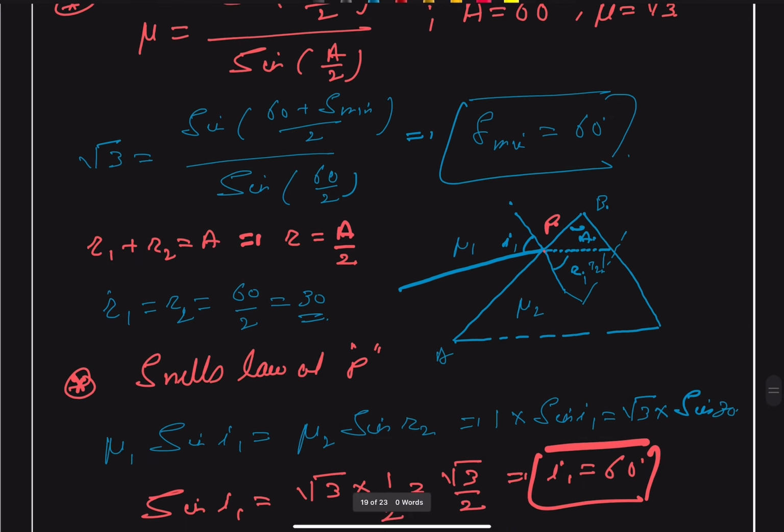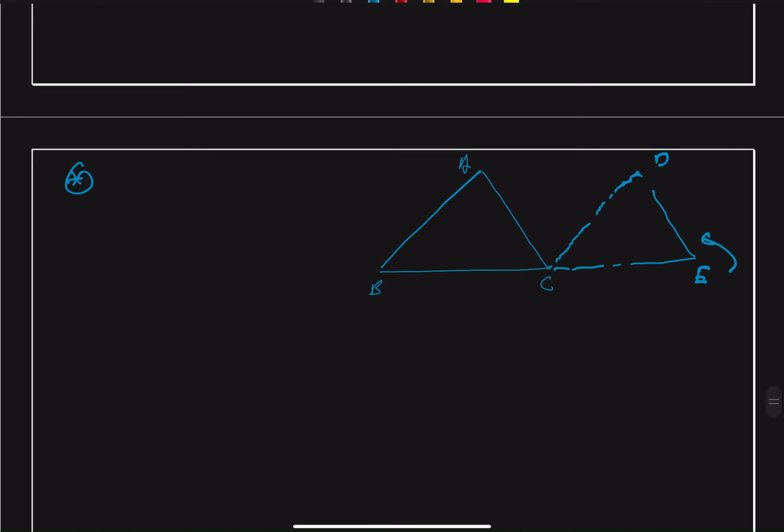Okay, so this was B, not A. So this is our B and this is our A. Now we want our B and D to be one common point, and ultimately we get this triangle merging in this way.